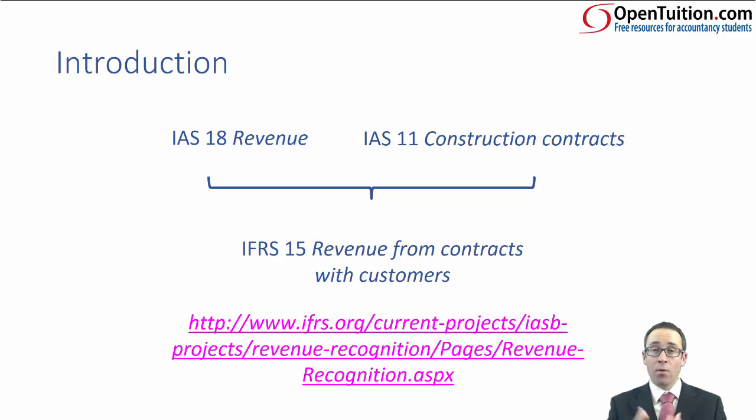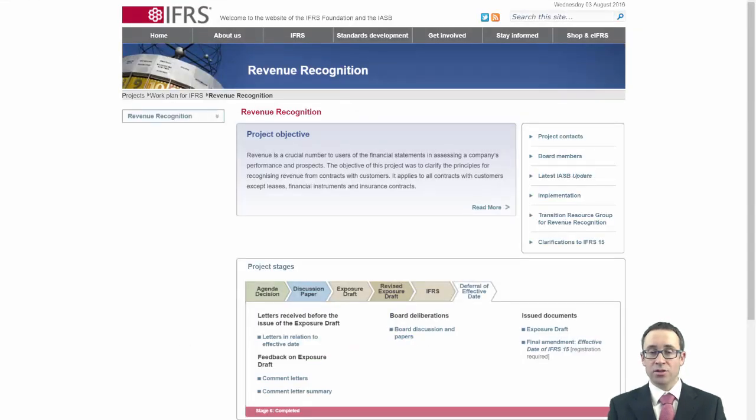If you want a little bit more detail, the page on the IASB website talks you through the revenue recognition project. If you're so interested, it's there. We'll touch upon this more when we get to the current issues right at the very end. But you can see that it's gone through various stages: an agenda decision, a discussion paper, an exposure draft, the revised exposure draft, the IFRS.